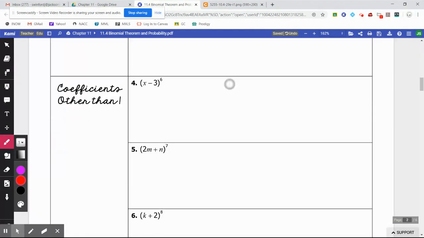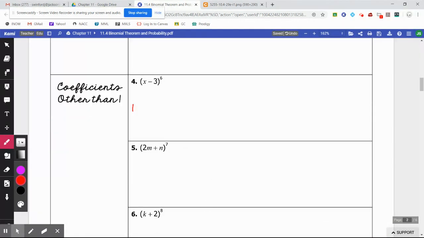Those are the numbers we need. So 1, 6, 15, and 20, and then we count back down, 15, 6, and 1. And we do the exact same thing. Those were all positive numbers, so we put our plus sign here. Now that'll change in just a second with something else we've got to do.